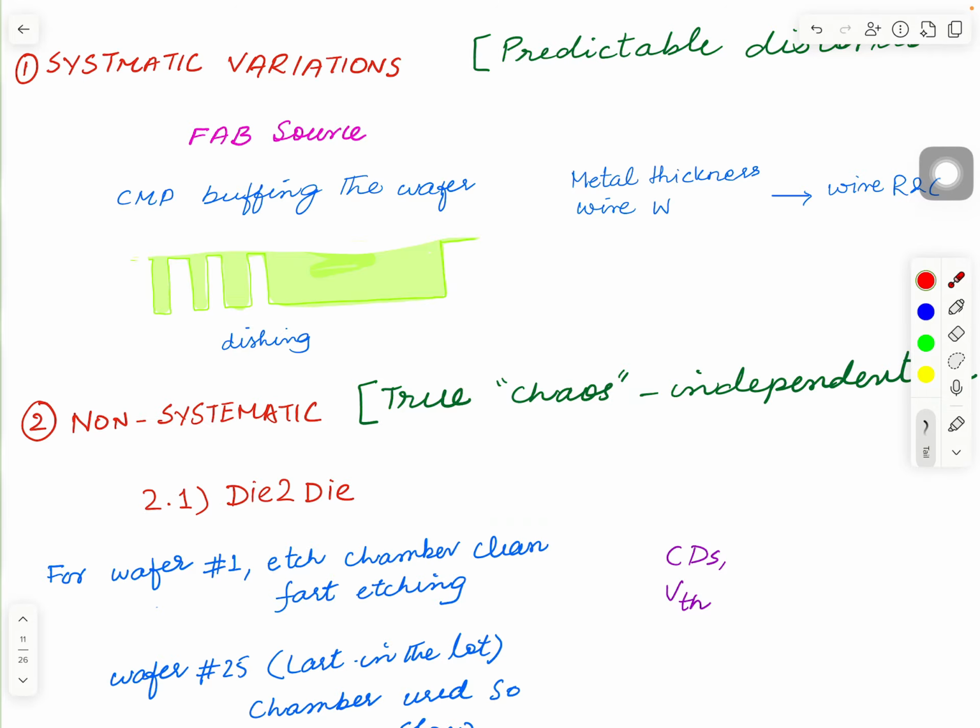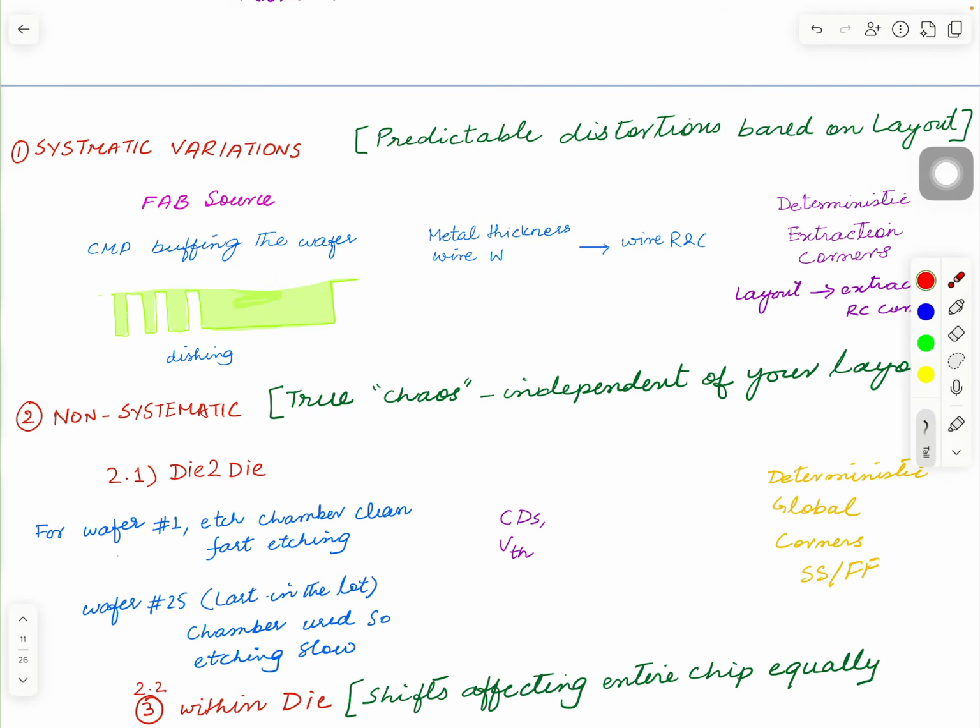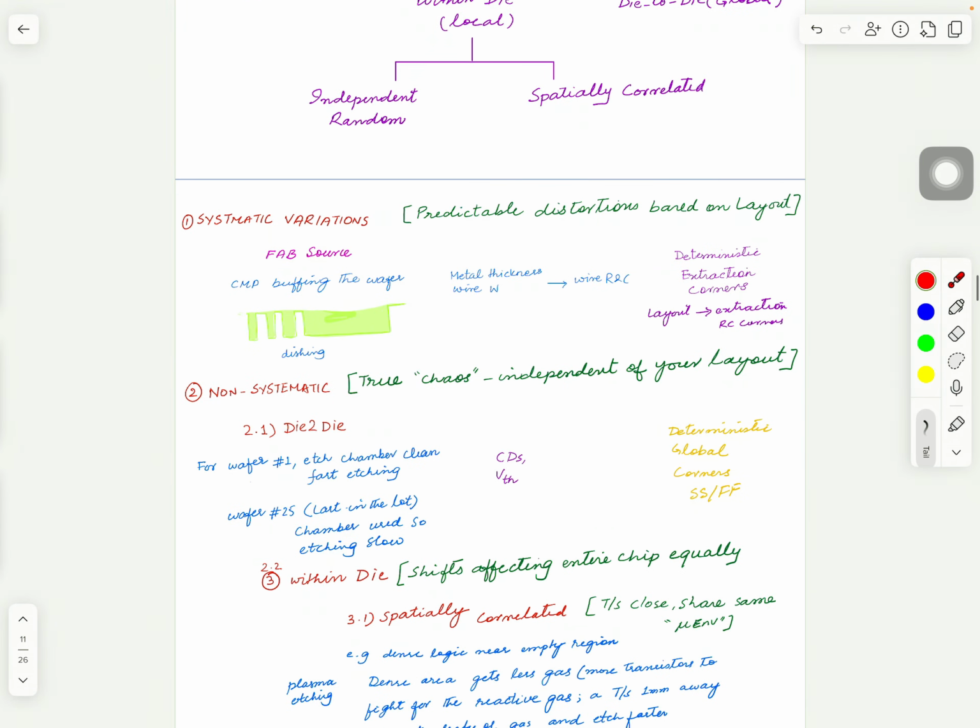So this component, the systematic variations, I would call them, are predictable distortions based on layout. If you don't have a layout, of course you don't know, but once you have a layout, it can be predicted. It means the metal thickness and variation in its width, and those will translate into resistance and capacitance. So this systematic component you can model once you have a layout. No problem from the statistical side.